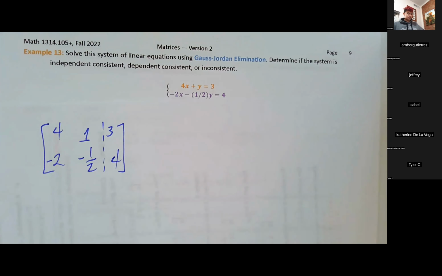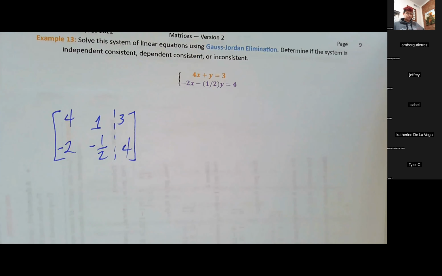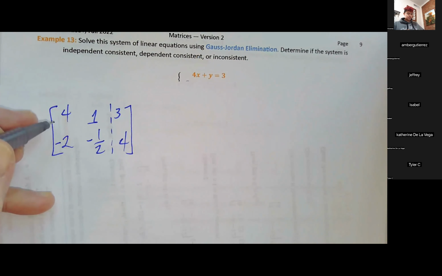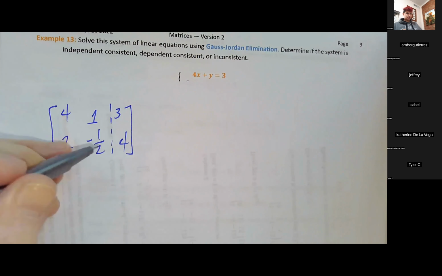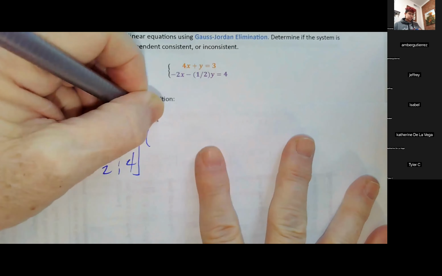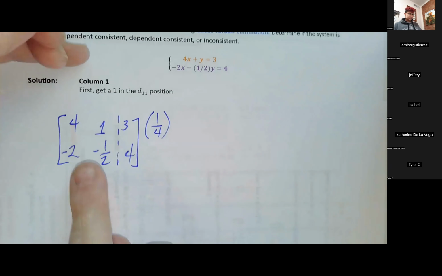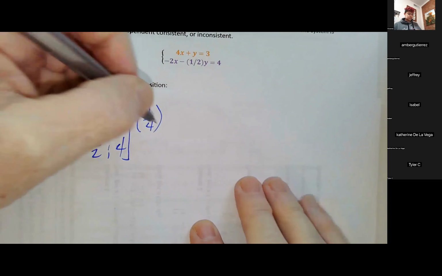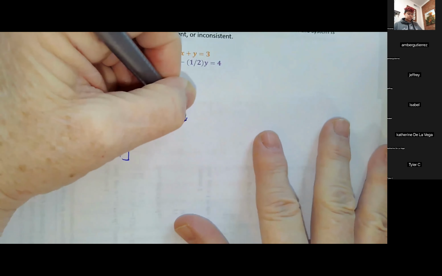Good. This time, the only way to get a 1 in the row 1, column 1 position is, we're going to have fractions this time. Do you see that if we add any multiple of the second row, we're not going to get a 0? So we have to multiply by the reciprocal of 4, or 1/4, to get a 1.